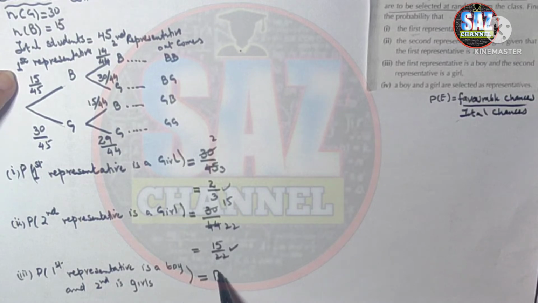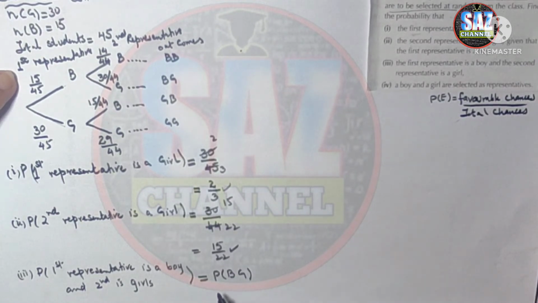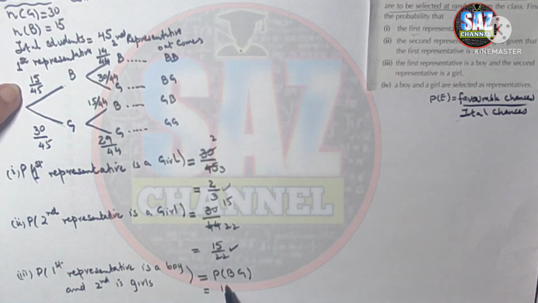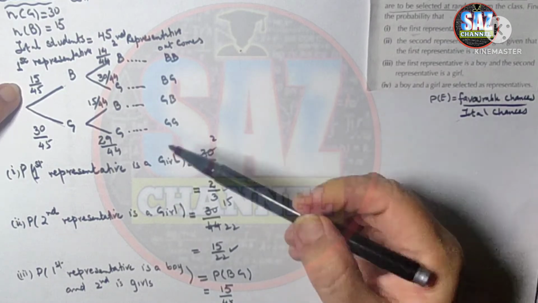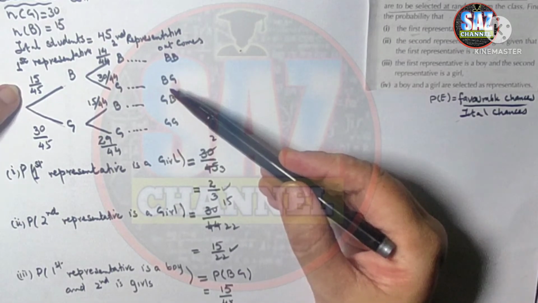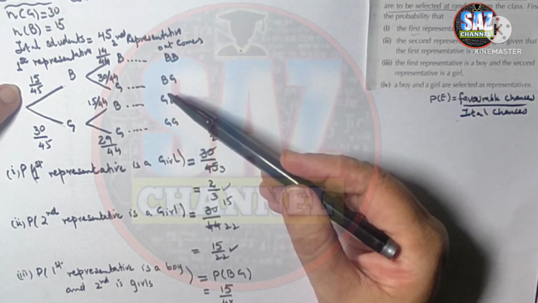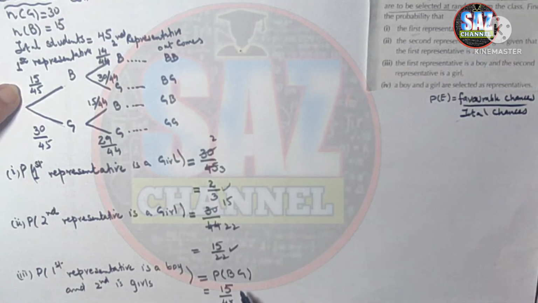Then the chances are the probability of boy with girl. The chances of picking a boy first is 15 by 45, boy with girl, and the chances of picking a girl later is 30 by 44.